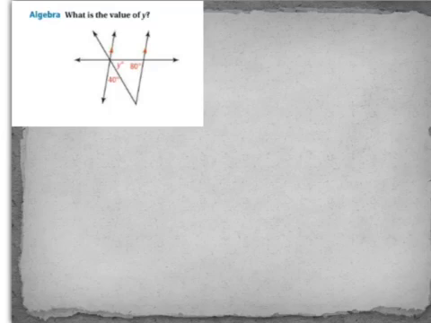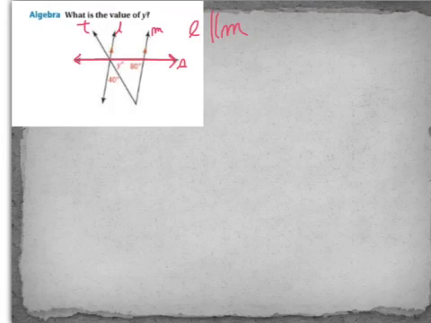Well, by looking at the diagram, we see that, let's say this is line L and this is line M. L is parallel to M. Let's say this is transversal T and this is transversal S. Well, if we're looking at transversal S, we can see that this angle is congruent to this angle because they're corresponding, which means this angle must be 80 degrees.